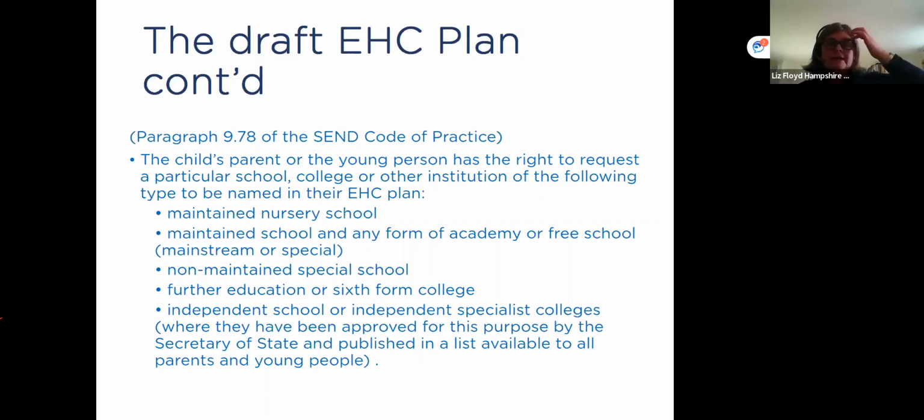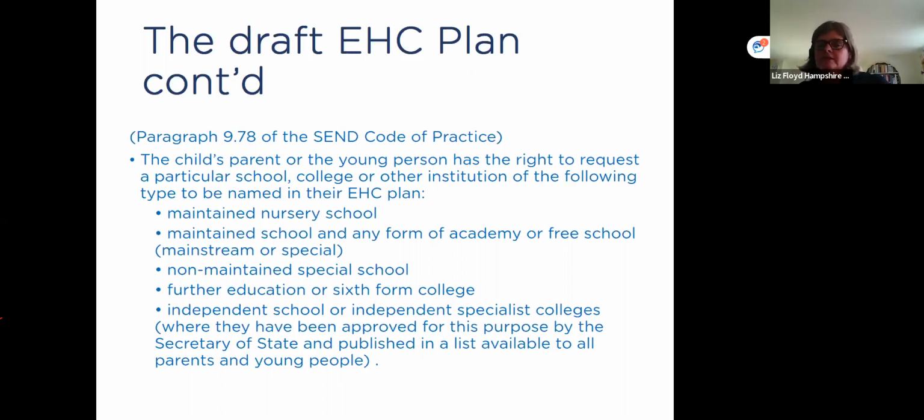Yes, so it's just another layer that adds onto the process. It's perfectly okay to request a school over the county border, either a maintained school or a Section 41 school. But in the case of naming a maintained special school over the county border, there has to be a conversation between the two local authorities.